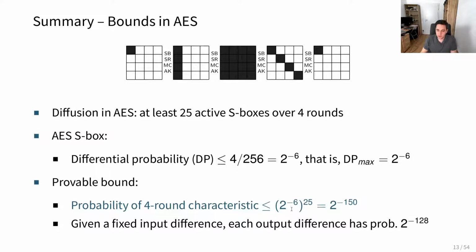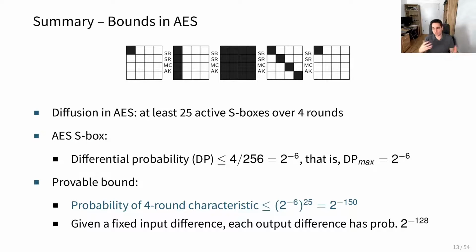We know that the maximum differential probability for each S-box is 2 to the power of minus 6. So we can compute that and achieve a maximum differential probability of 2 to the power of minus 150. But of course, this is now even lower than the generic probability, which depends on the total block size.